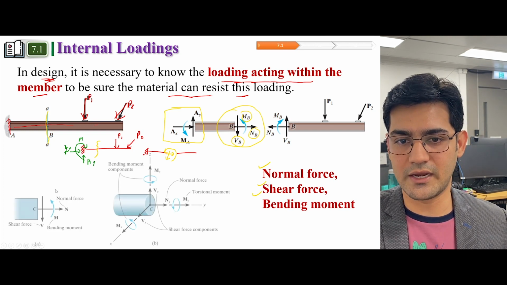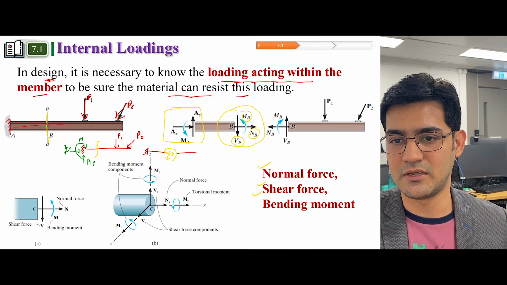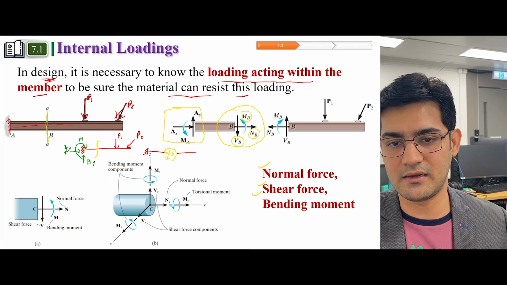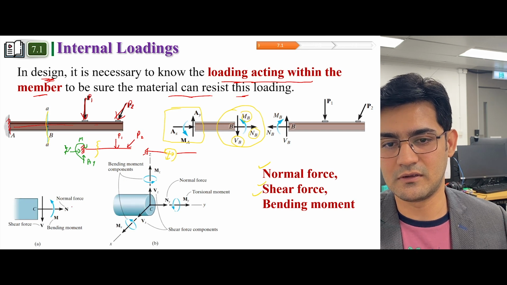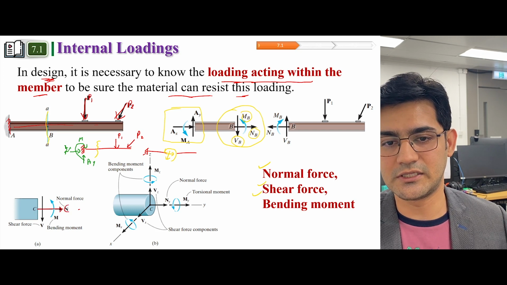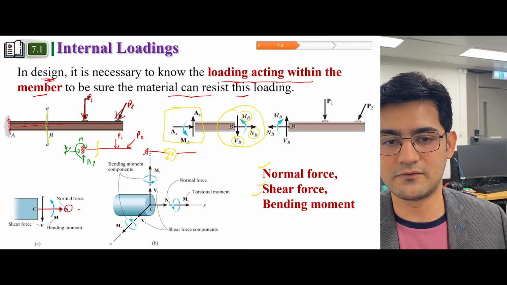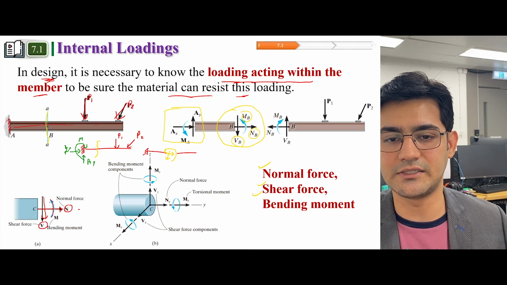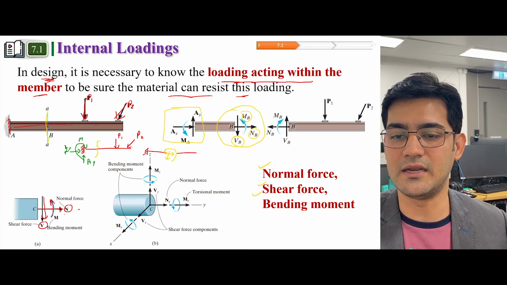Now if we look into 3D structural members, we can also identify these forces. Later I'm going to explain how these forces are defined, but for now, this force is called normal force, the force acting downwards is called shear force, and in addition we have a bending moment.